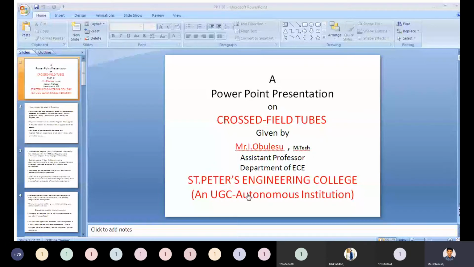In the event of a failure, two crossed field amplifiers can be connected sequentially with only one power.